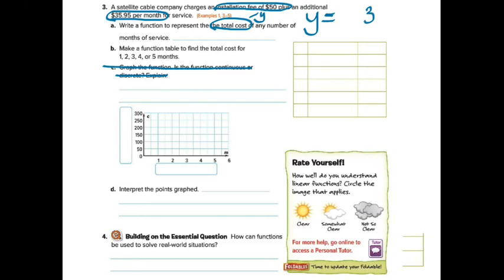So it's $35.95 times the months, which is X. Any number of months. So Y is cost, X is months, and you'll want to add that to the side: Y equals cost, X equals months.